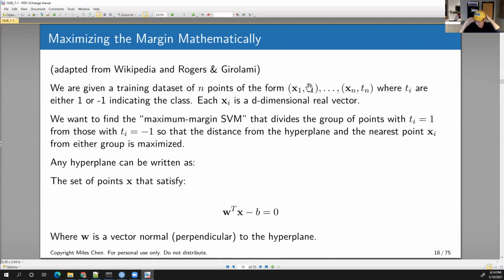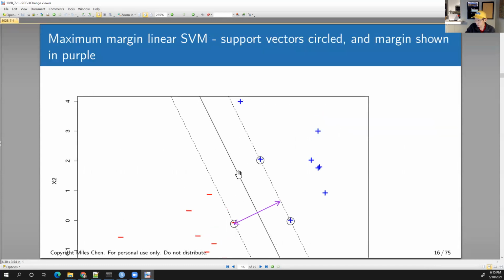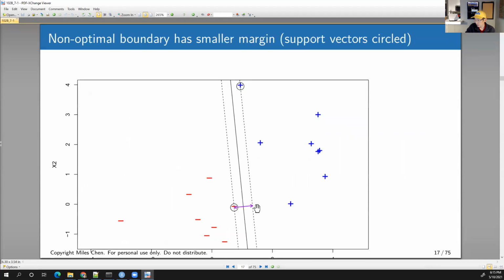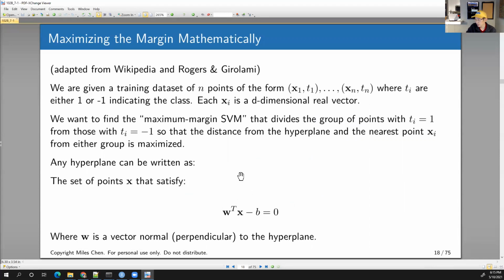And what we're going to do is try to find this maximum margin SVM, which is going to be some boundary that divides the two. This line that goes in the middle here can be defined by some hyperplane.